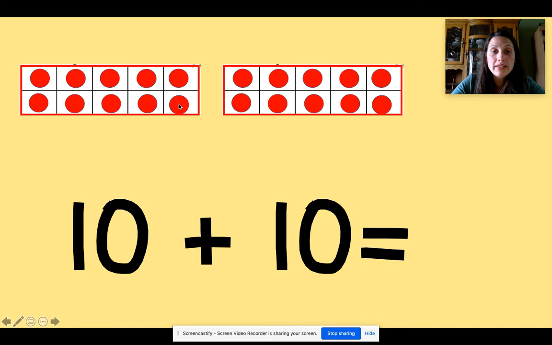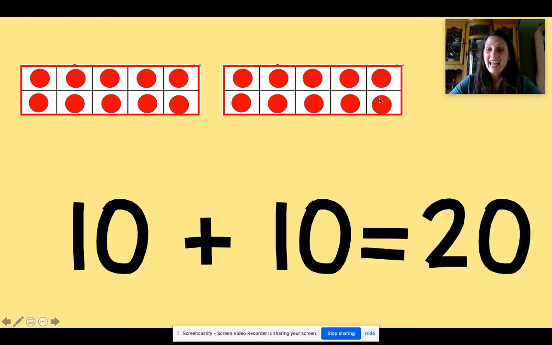I'm going to start with 10 because I know that there's 10 counters here, and I'll count on 11, 12, 13, 14, 15, 16, 17, 18, 19, 20. There are 20 counters in my 2 tens frames.